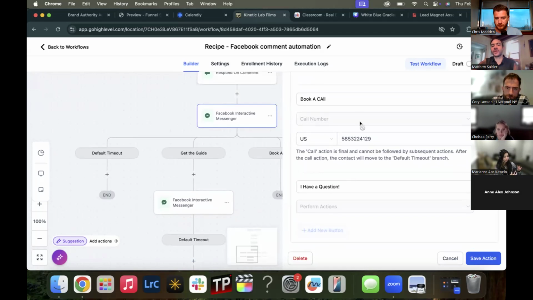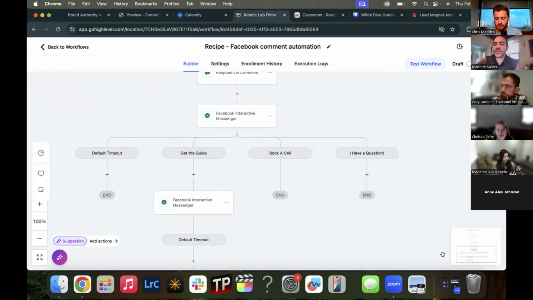That's cool because if somebody comes across this and it sparks an idea, but they don't want to jump on a call, or they're more comfortable starting a conversation through DM, the I have a question option will ping back to my Messenger and I can carry on the conversation.